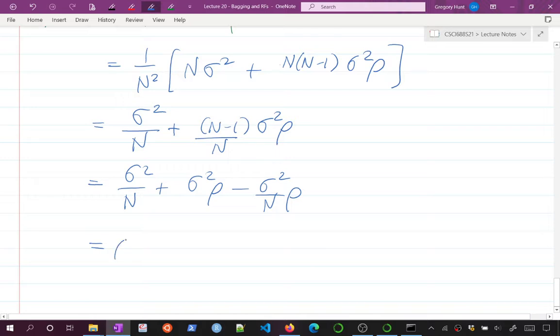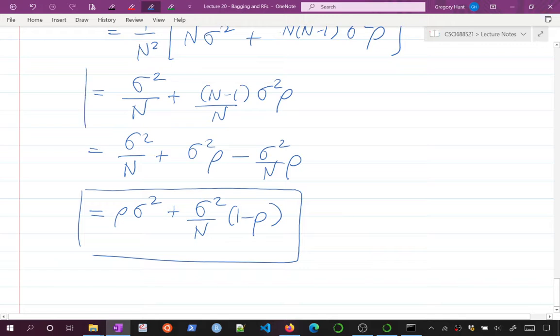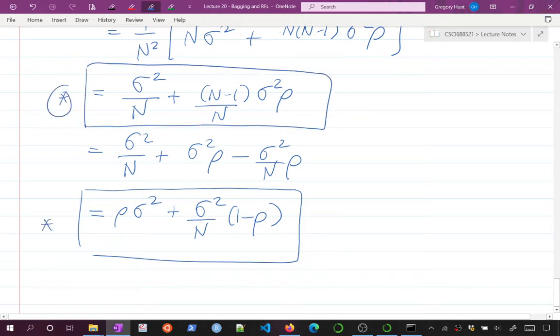It should be rho sigma squared, the middle term, plus sigma squared over n times 1 minus rho. Okay. So there are a couple different ways to write this, either this top way here or this bottom way here. So either of these are kind of equivalent.